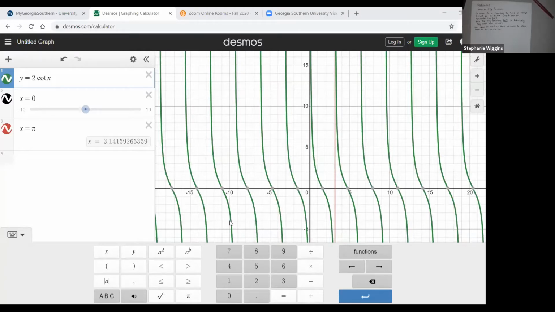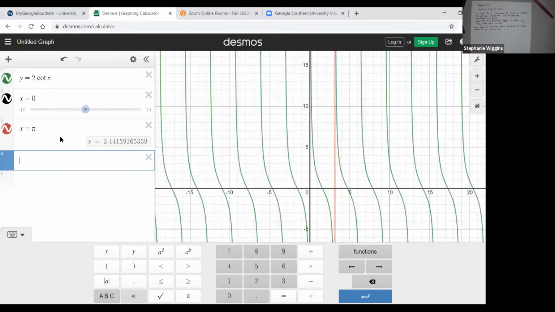What the horizontal line test is, if you draw a horizontal line, let's just say y equals 1. Let me draw that line. In order for a trig function to have an inverse, or to pass the horizontal line test, it can only pass once. We have a problem, right? It passes many, many times. Well, if we restrict the domain, then it will fix that problem, right?